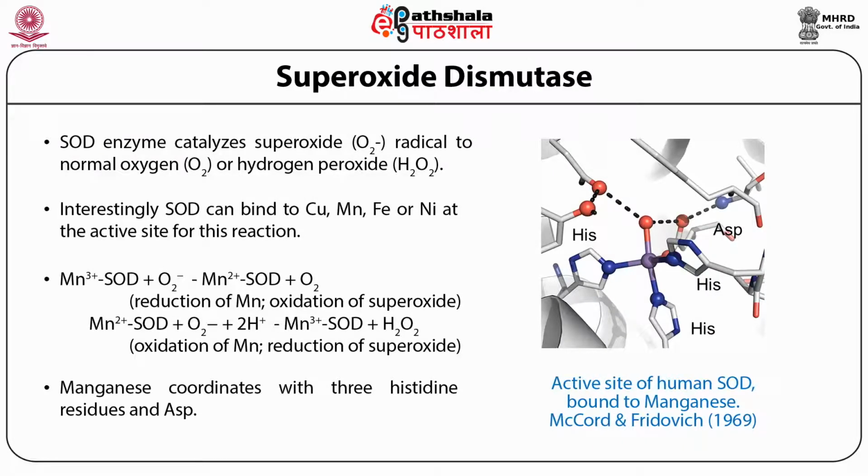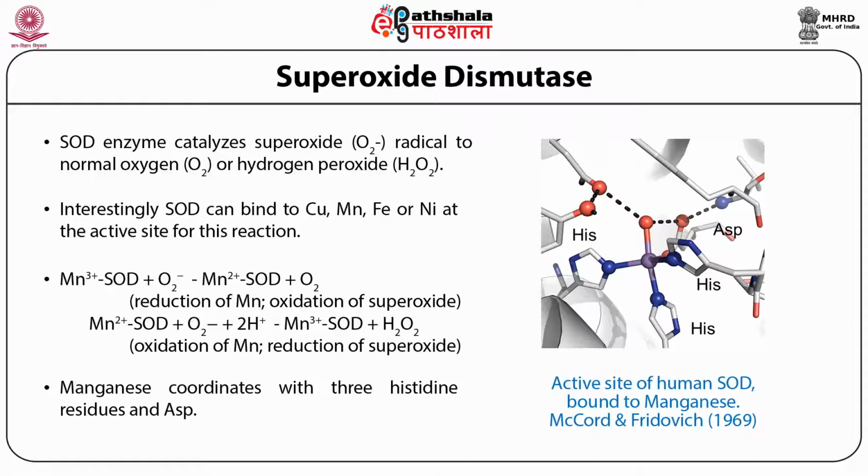The classical example is the SOD enzyme, which catalyzes the conversion of superoxide, the O2 minus radical, to normal oxygen or hydrogen peroxide. Interestingly, SOD can bind copper, manganese, iron, or nickel at the active site for this reaction, so different SODs have different metal coordination.